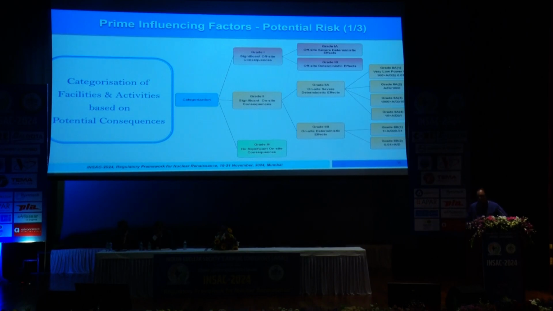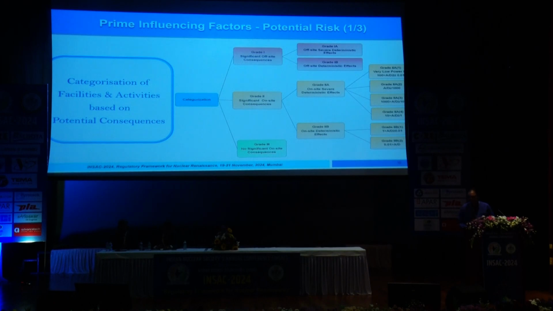So after determining control elements, the next job for a regulator is to determine influencing factors. There are two prime influencing factors for application of graded approach. One is potential radiological risk associated with the facility. For this purpose, in AERB, we have categorized facilities into 3 grades based on their maximum possible consequences in offsite domain and onsite domain, and further in offsite domain, whether they can lead to severe deterministic effects or deterministic effects.